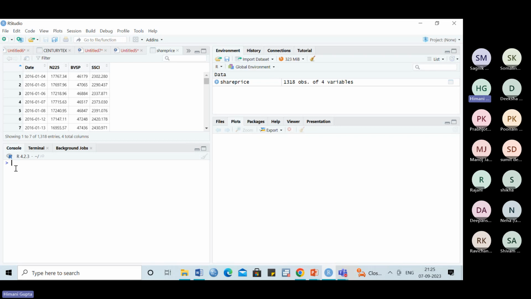Suppose my objective is just to find the future volatility, that means I want to find out the volatility 10 days ahead or 20 days ahead. So I'll use a simple GARCH model, the standard GARCH model. Or you can even use only one model, EGARCH or GJR-GARCH, depending on whether you think your volatility is symmetric or asymmetric.